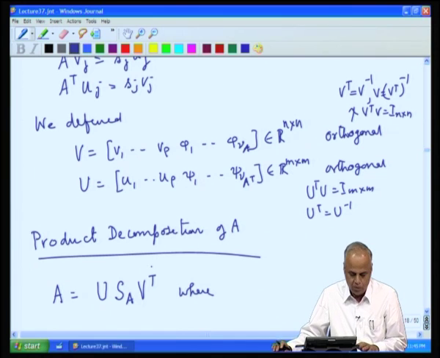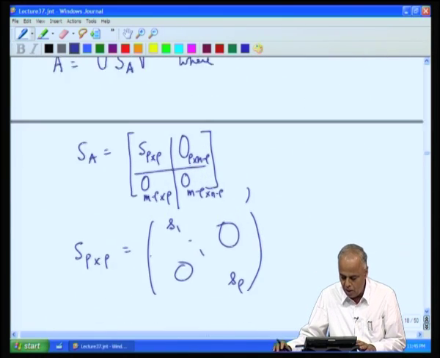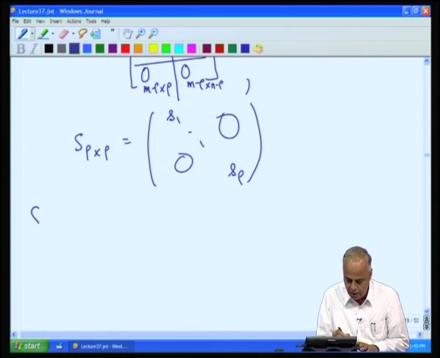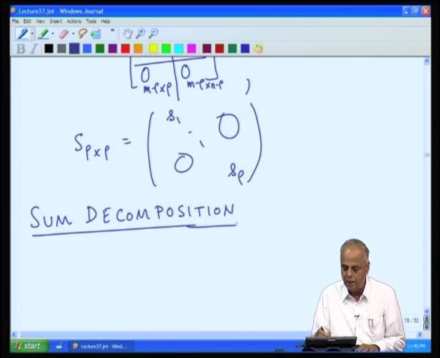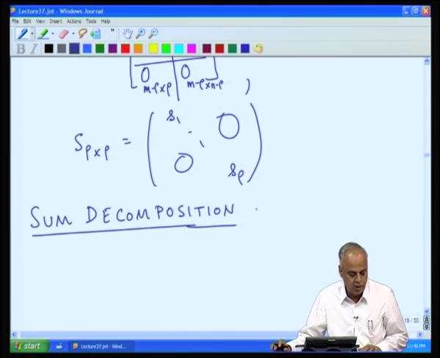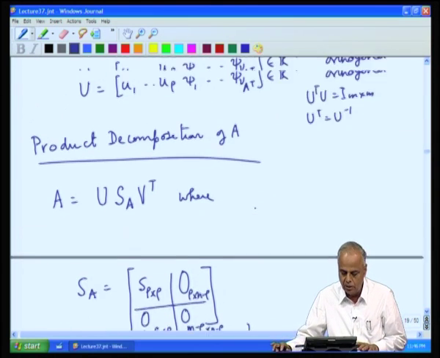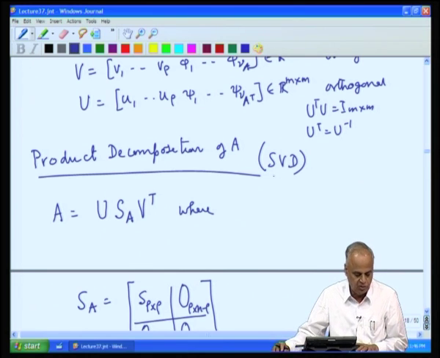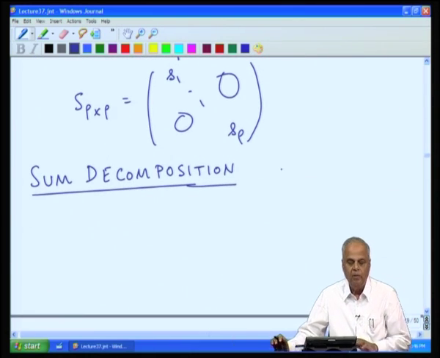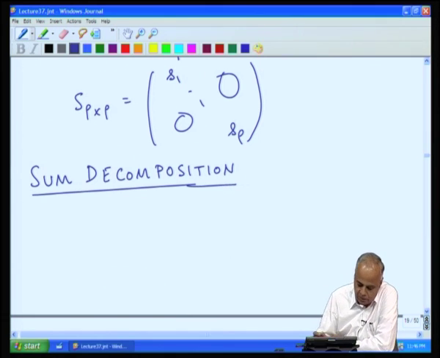So, the first thing that we had was the product decomposition, then we had the sum decomposition. These are the SVDs. When we say decomposition, we mean the singular value decomposition. Since the diagonal entries are the singular values here, we call it the singular value decomposition. So, this is the product version of the SVD, and then we had the sum decomposition.